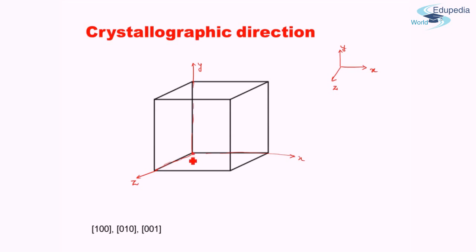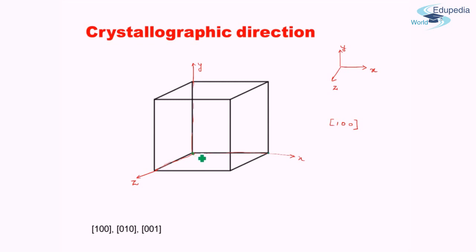Now suppose you are told that you need to find the direction 1, 0, 0. So how do you find the direction? You take one step along the x-axis. So one step along the x-axis will be from here till here, right?